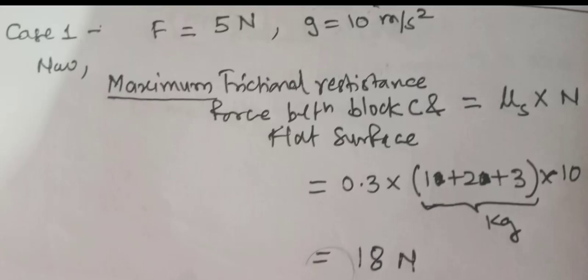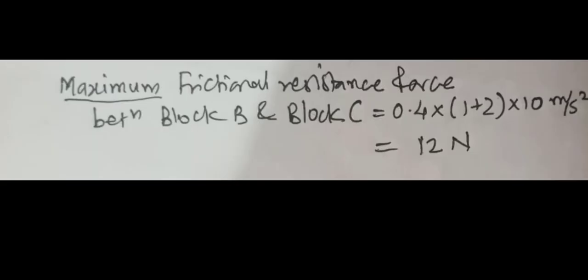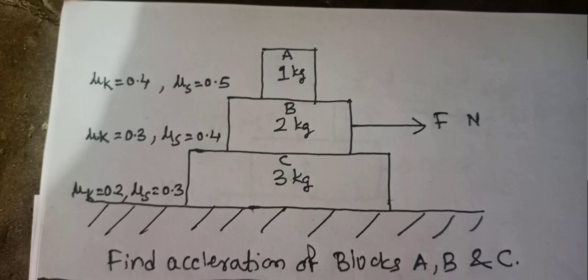Similarly, we need to calculate the maximum frictional resistance force between block B and block C. If you see block B and block C, on this surface 2 plus 1, 3 kg is acting vertically downwards, so that will be exerting this normal pressure on this surface.